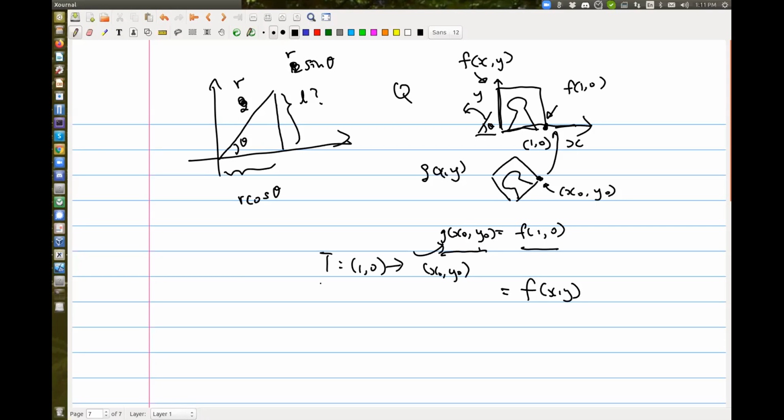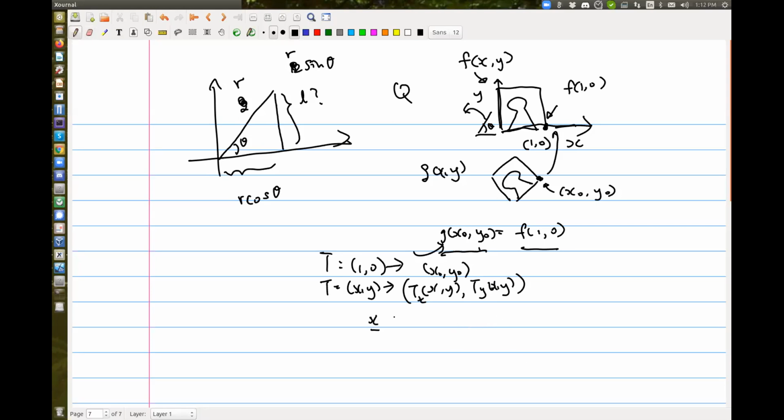In general, (x, y) is going to map to T(x, y). Therefore I have g(T(x, y)). It's a little bit tedious, but maybe I just write a vector form here.